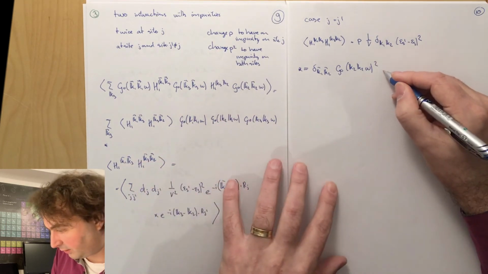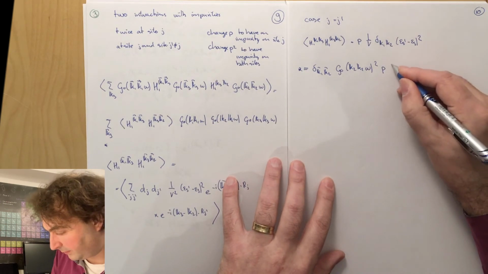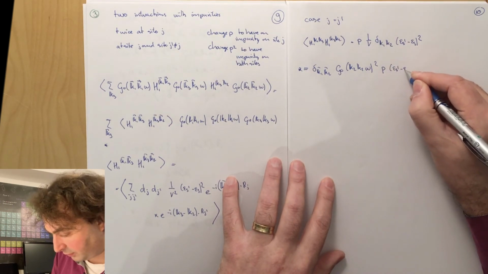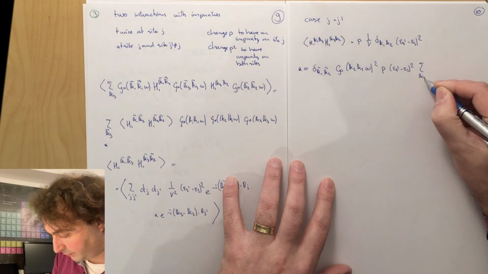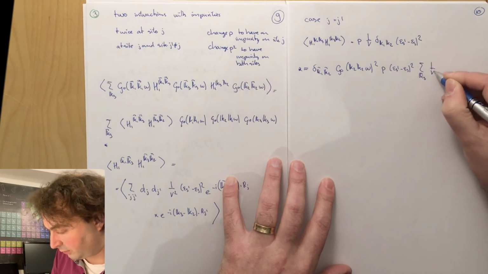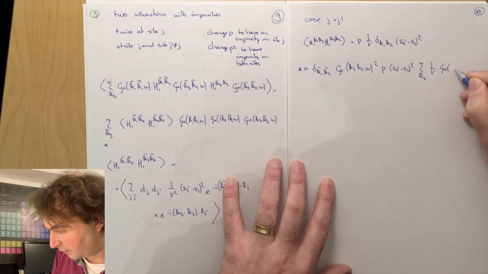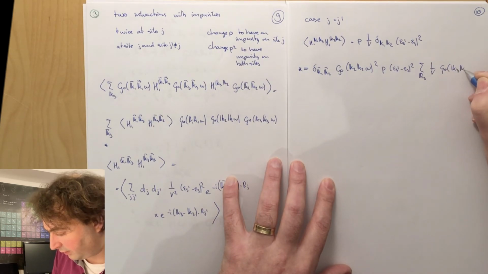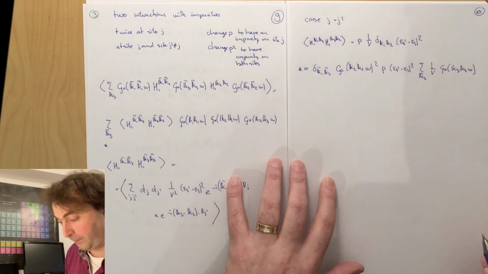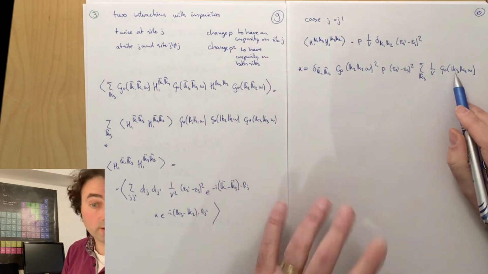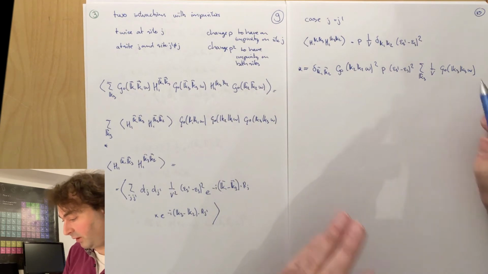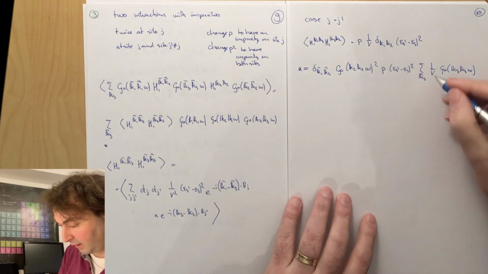Then we still have p, epsilon s prime minus epsilon s squared, and we have a sum over k3, 1 over v, G0, k3, omega. I can travel from site j to site j because I'm scattering at the same site with any crystal momentum that I have.